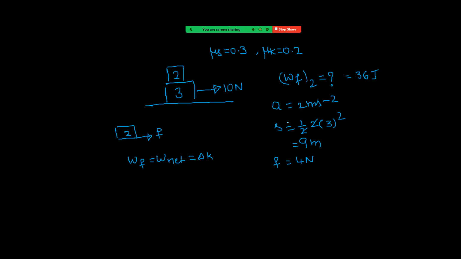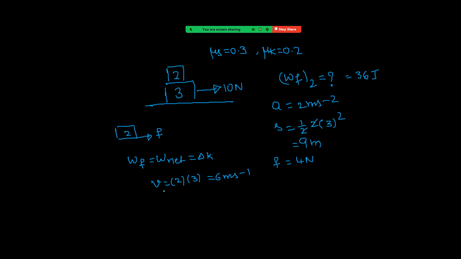So what I'm doing here: acceleration 2, time given 3 seconds. Therefore, velocity V equal to a into t, that is now 6 meter per second.